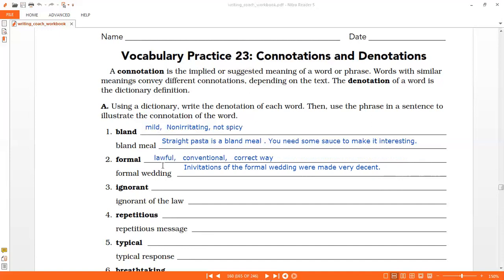Next is ignorant. Ignorant means someone who lacks knowledge, or somebody who is unaware of something. The phrase is ignorant of the law.